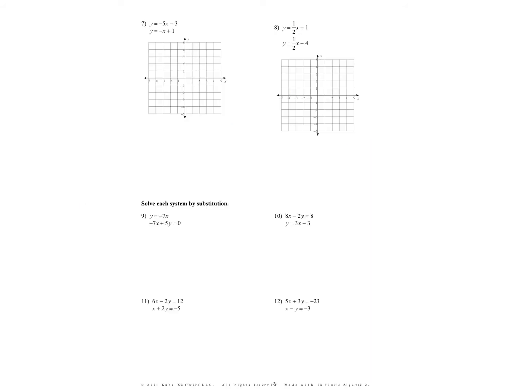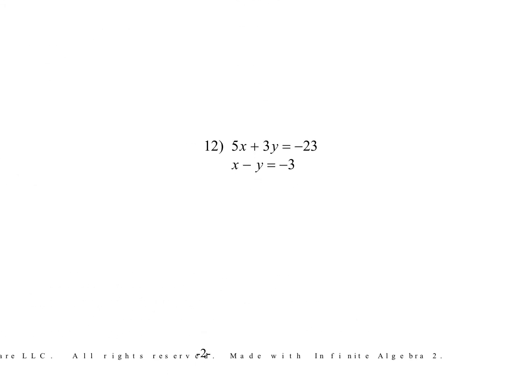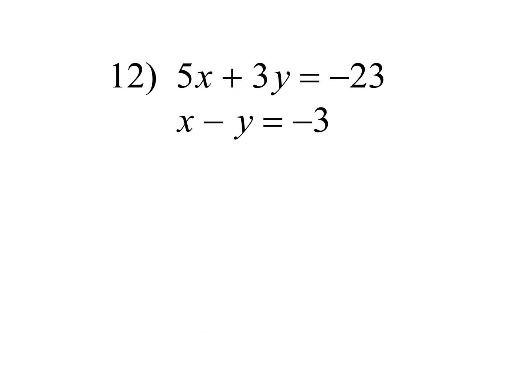All right, so we're going to do number 12 together for the substitution part. So in substitution, step 1 is isolate one of your variables. Which variable should I isolate? What do you think? I want to isolate the x just because it has nothing in front of it.